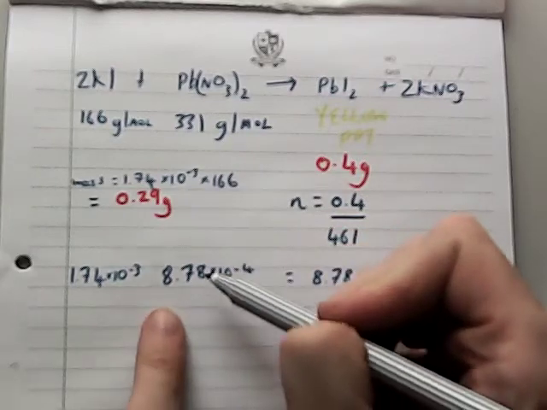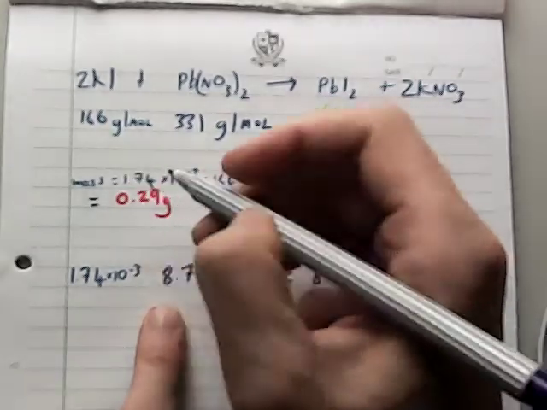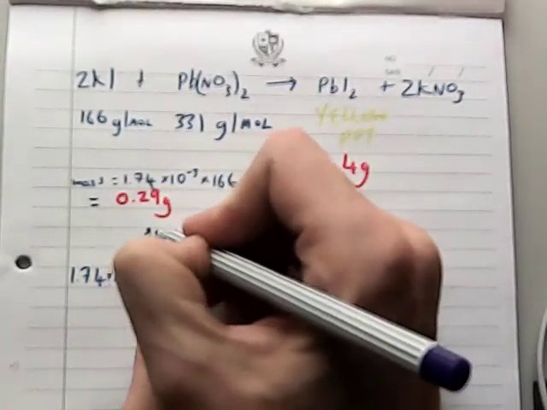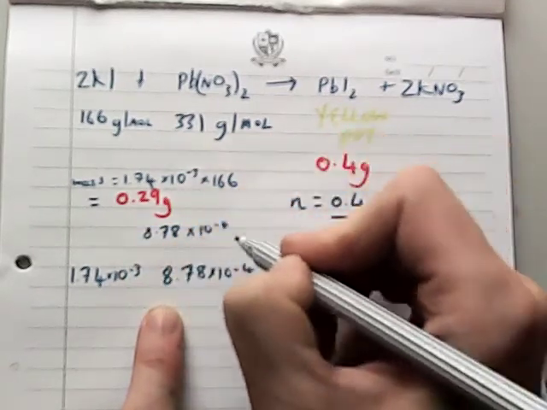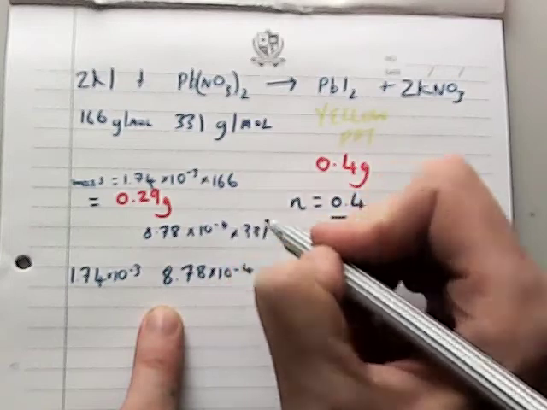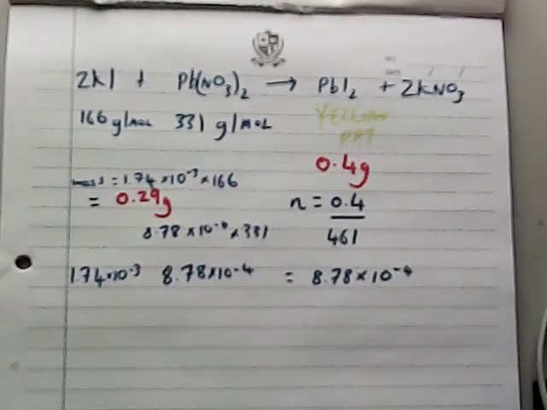Now, if you look at lead nitrate, the amount is 8.78 this time. So 8.78 times 10 to the minus 4 times 331. So let's push this into a calculator, 8.78 times 10 to the minus 4 times 331 is 0.29.